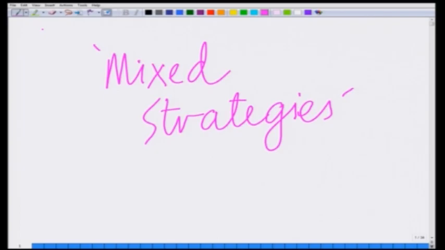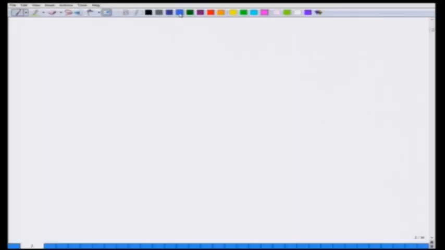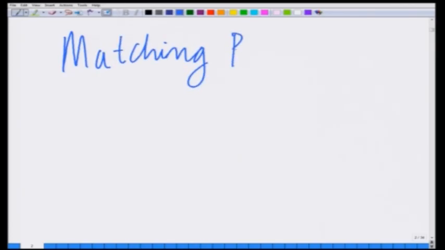Now, to understand what mixed strategies are, let us take the example of a simple game. This game is also known as matching pennies, and the idea is as follows. There are two players, let us say two siblings, P1 and P2, who have a coin each.